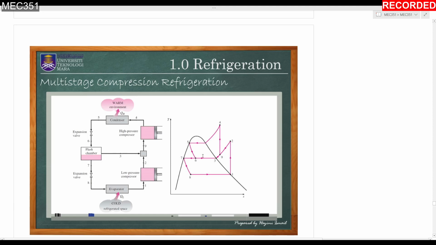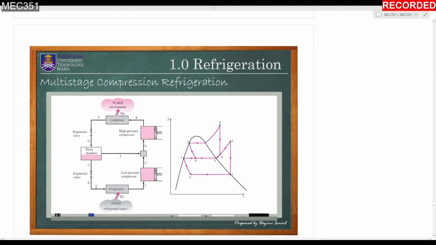The vapor will enter the mixer here with the other superheated refrigerant that comes from the low pressure compressor.